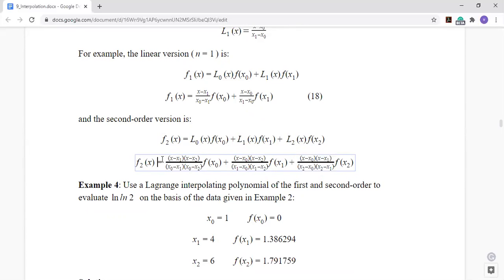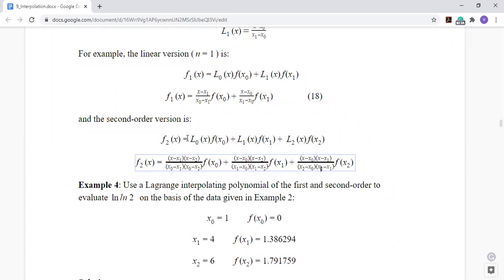If you can see, there is a general trend. For L0, it's simply x minus x1, x minus x2 over x0 minus x1, x0 minus x2. So there's x0 and x0 here. For L1, you have x1 here, and you have x1 here. For L2, you have x2 here, then you have x2 here. Let me just tell you the trick for getting it based on this.